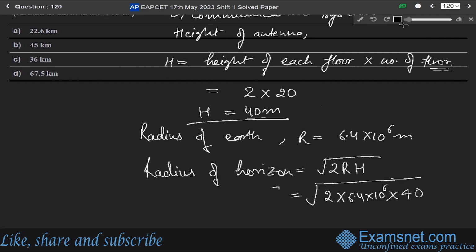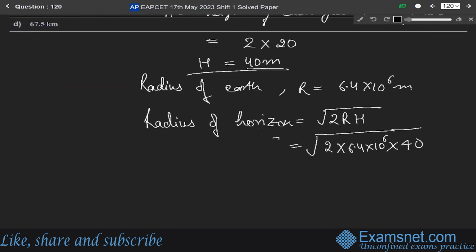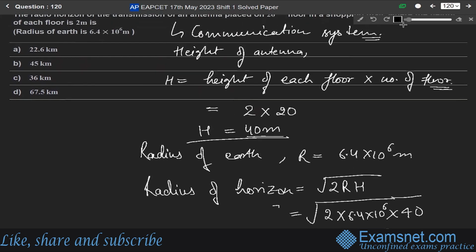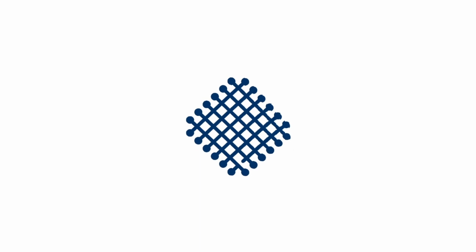So we'll write 40 here, okay? So solving it, we get 22.6 into 10 to the power 3 meter. So this comes out to be 22.6 kilometer, okay? So the correct option is option A, that is the radius of the horizon is 22.6 kilometer.